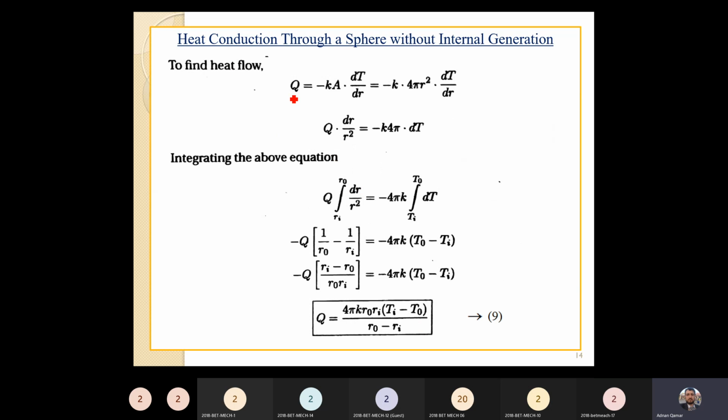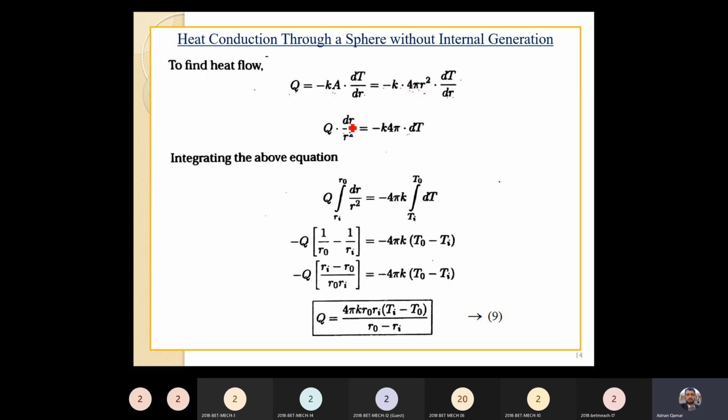To find the heat flow, Q is equal to minus K A dT over dr, which is equal to minus K times the area of a sphere, 4 pi r square, dT over dr. And if you separate it, shift dr and r square to one side and dT to the other side, because when you want to take the integration, first you separate the variables.